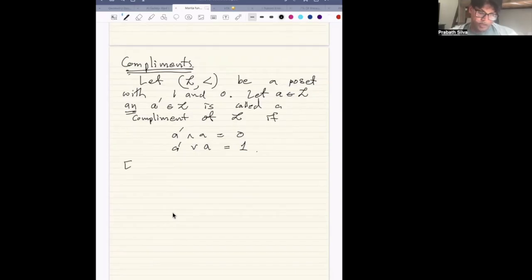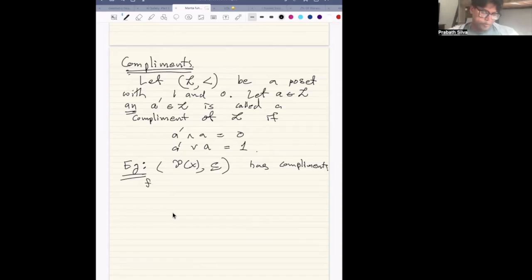So again, the key examples: this one has complements for any element. Okay. In this case, the complement is the set complement.